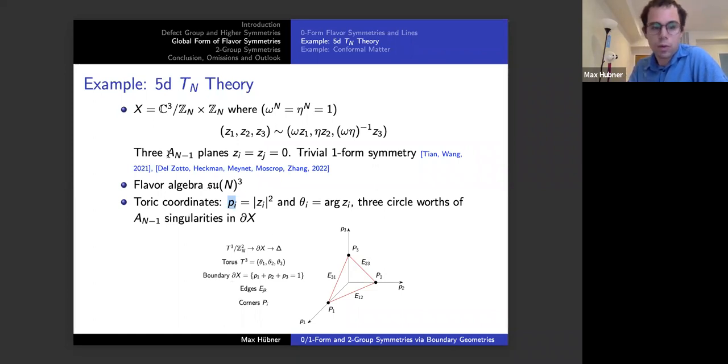And now the point is that because we have 3 planes, they intersect the boundary in 3 circles. And each of these 3 circles is located where 2 of the coordinates vanish. So they are located in the fibers, the circles, which project to P1, P2, and P3. And this information is enough to now determine the flavor symmetry of the 5D T_N theory.